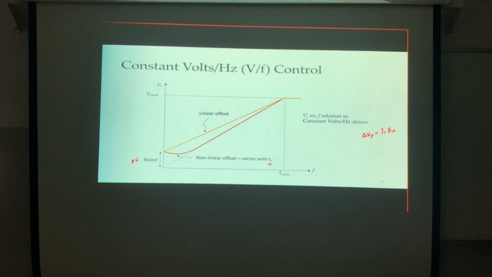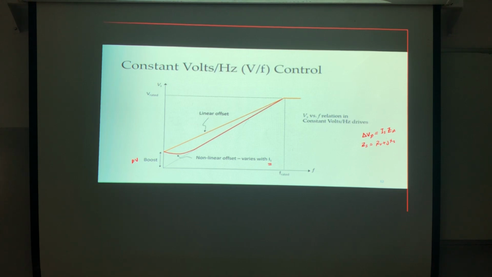And ZS is equal to RS plus jXS. So if I know the frequency and the current, I can calculate how much voltage I need to impose in order to compensate for the drop voltage.